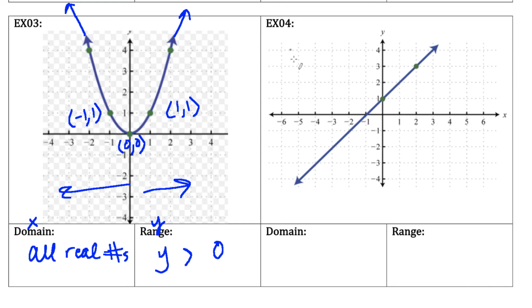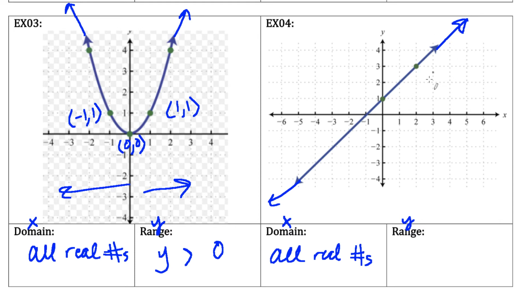And let's look at example number 4. The domain, which is x, range, which is y. So the x goes forever left and forever right. It's always going that way or that way. So all real numbers. And our range, which is y, keeps going forever up and forever down.